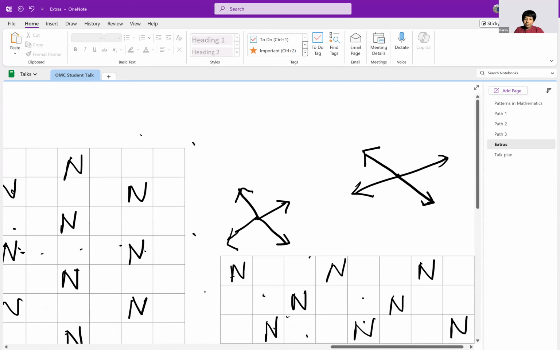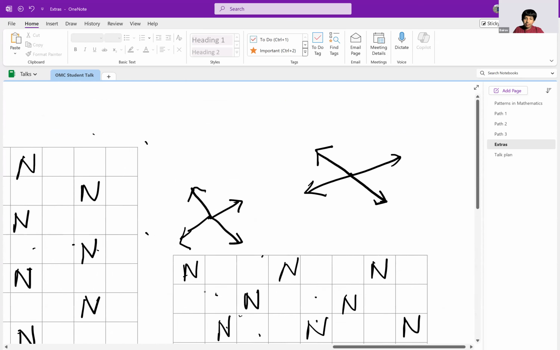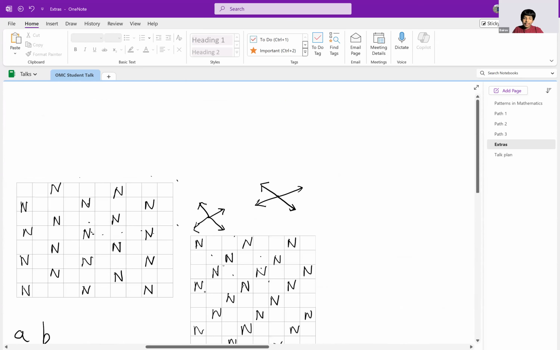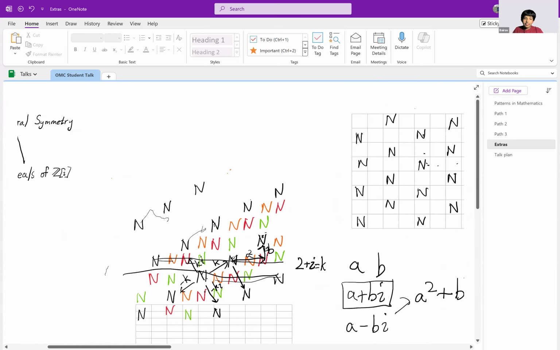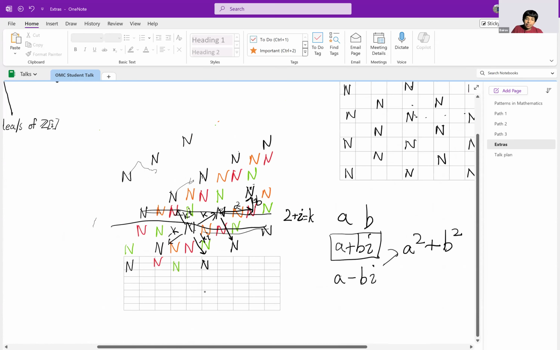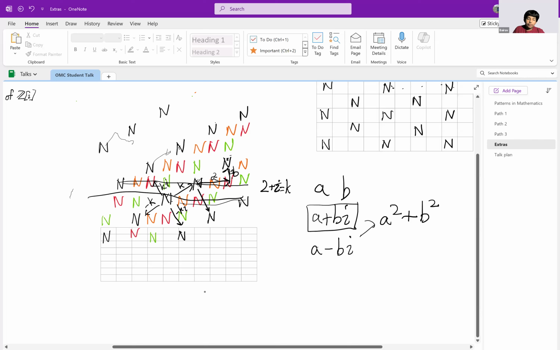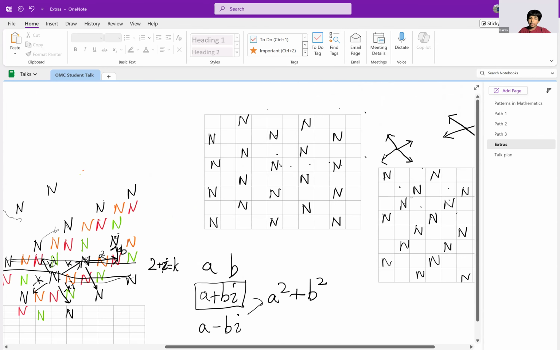But since we can go either front or back, we can look at these, instead of as complex numbers, as vectors.